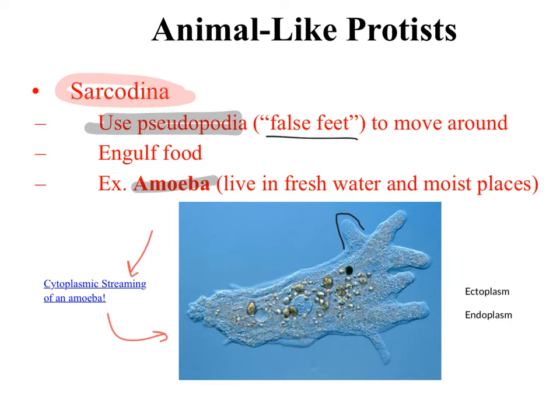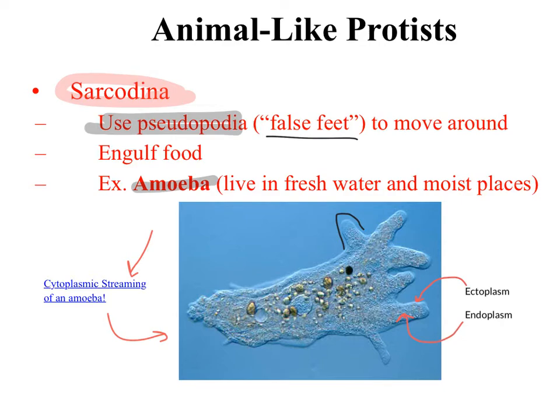The endoplasm is a much more fluid or watery substance located closer towards the inside of the cell, and it's the part that will appear more fluid and quicker moving when you're watching this video. The ectoplasm, on the other hand, is like a clear gel and is found on the outer parts of the cytoplasm of the cell. Try and identify the ectoplasm and the endoplasm when watching that video.